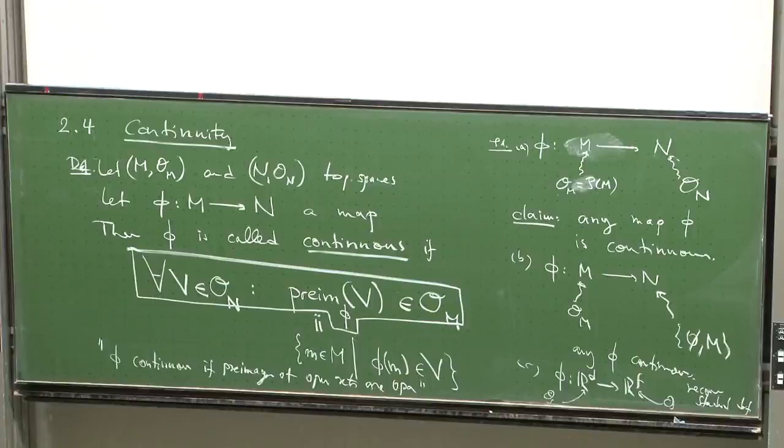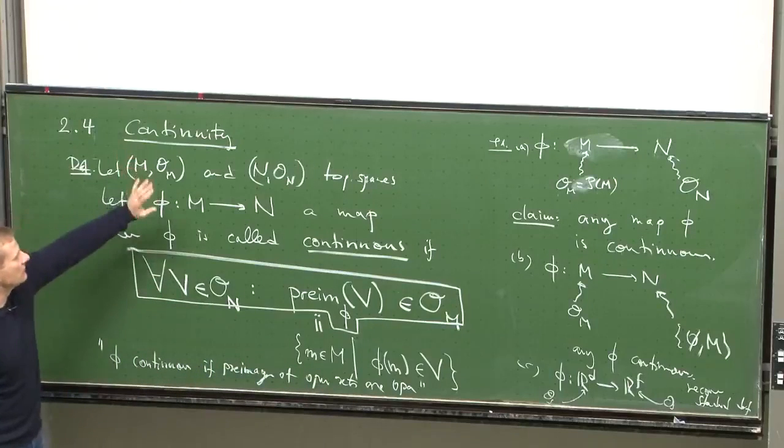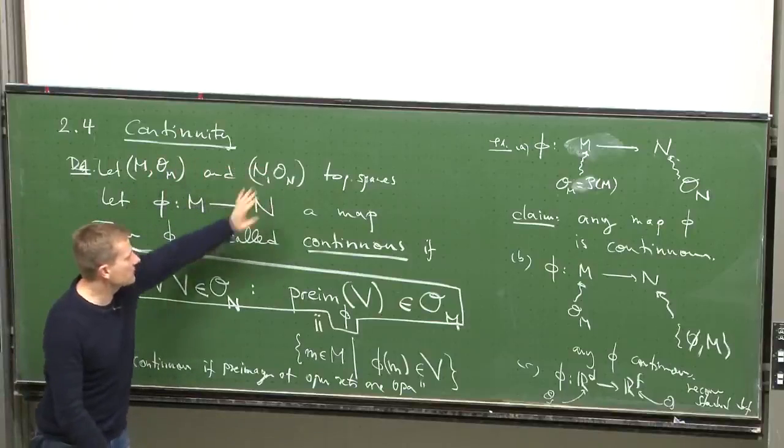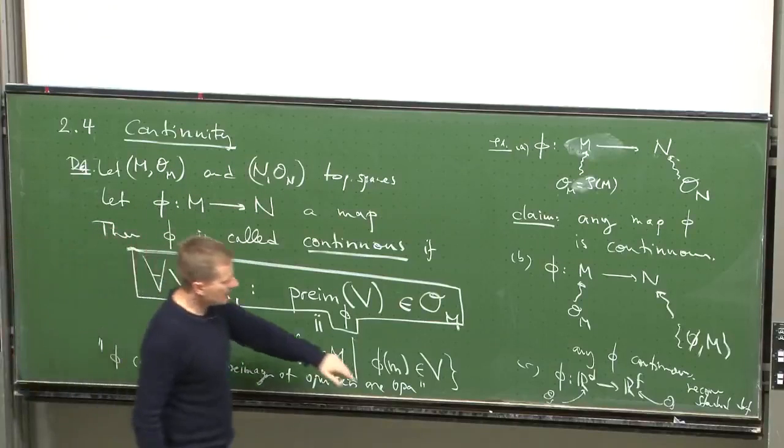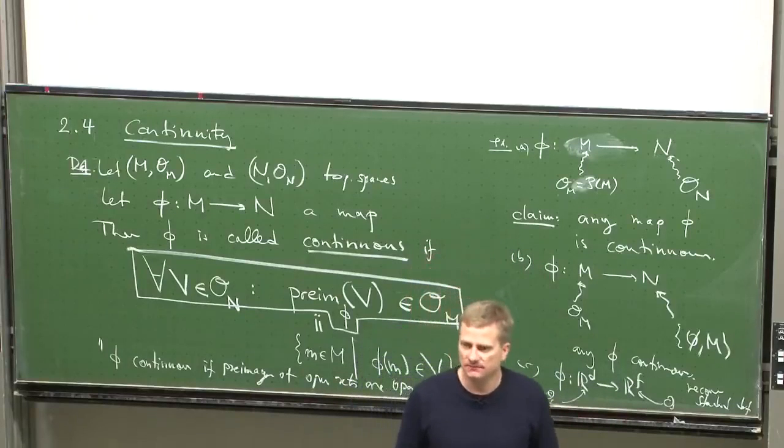You know how that works. The epsilon-delta criterion for continuity is recovered from this very general definition of continuity for a pair of topological spaces in the case you equip R^d and R^f with the standard topologies.